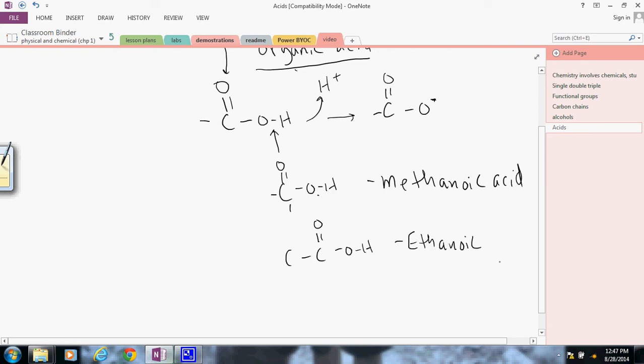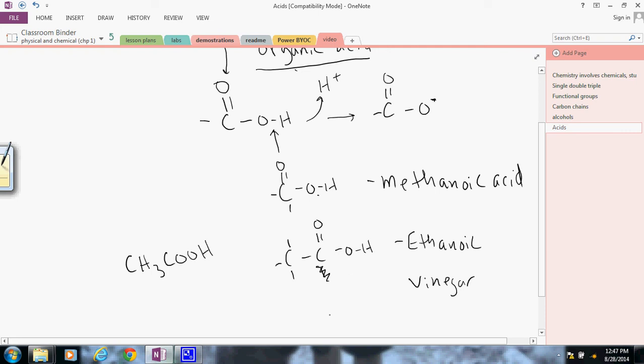Sorry, this one does not have one because it's 1, 2, 3, 4. So we'd write this out as CH3COOH, and that is a common way to write ethanoic acid. Methanoic acid would just be HCOOH. That's another way of doing that guy.